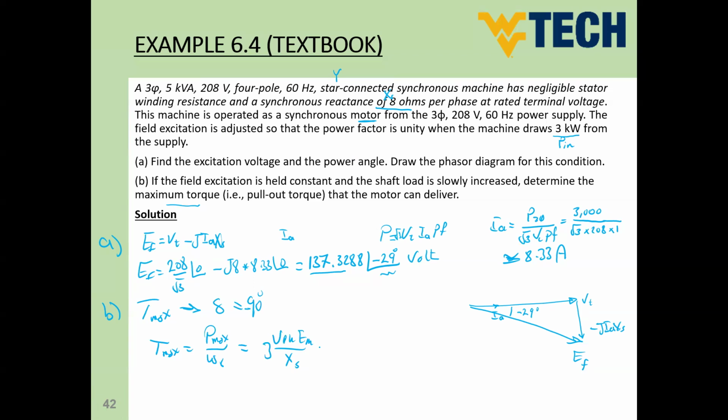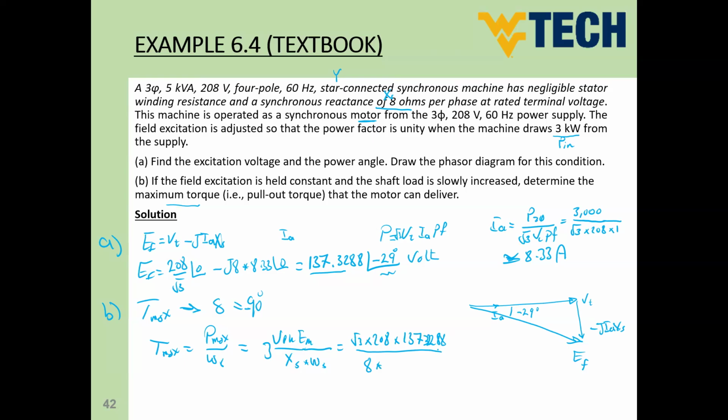So this is power. Divide omega S, so I will multiply times omega S here in the denominator. So this means 3 times V phase. So we have already V line, so I'm going to say root 3 times 208 times E phase, which is calculated here, which is 137.328, divide our Xs, which is 8 ohms, times omega S.